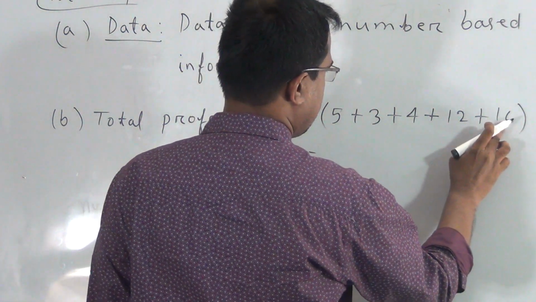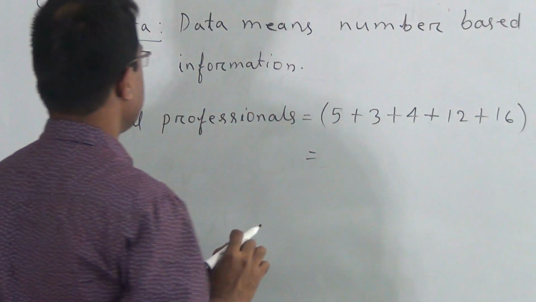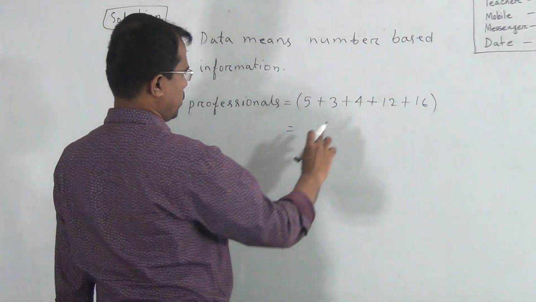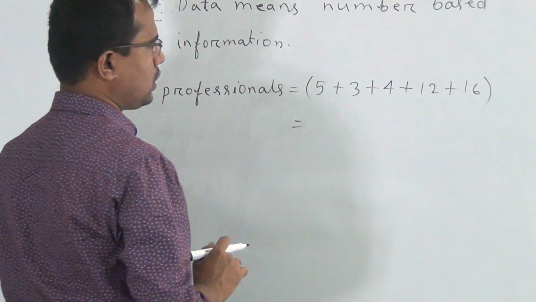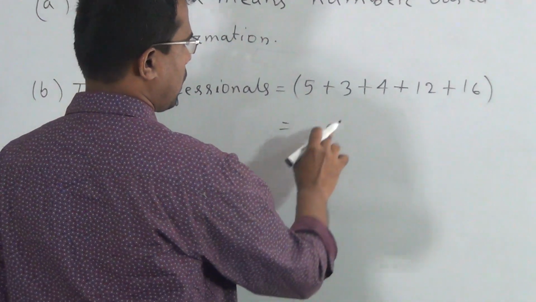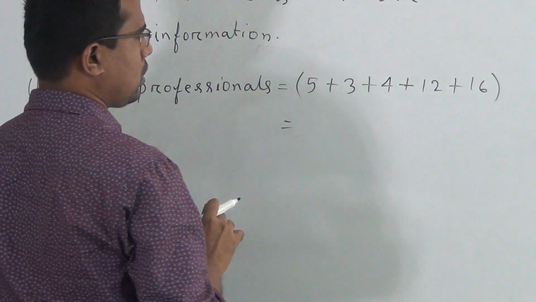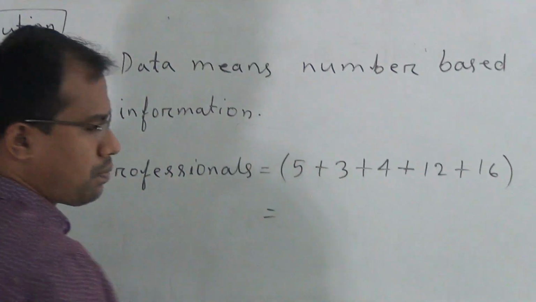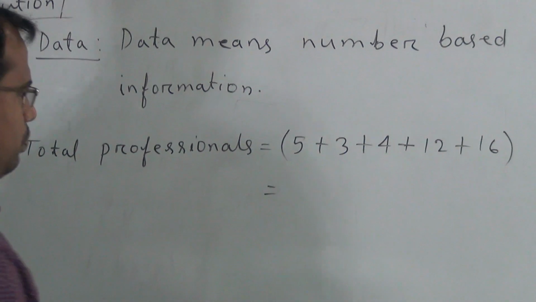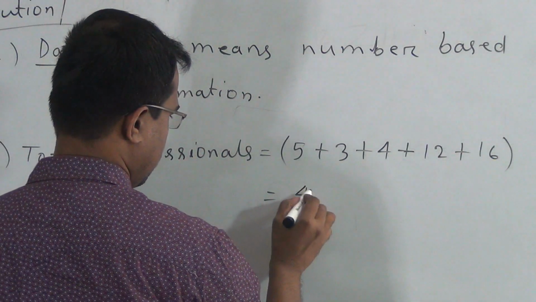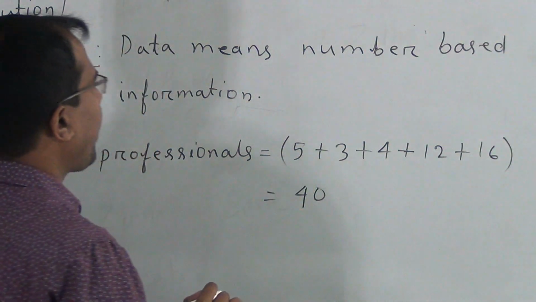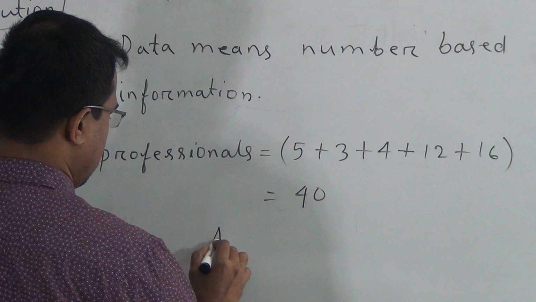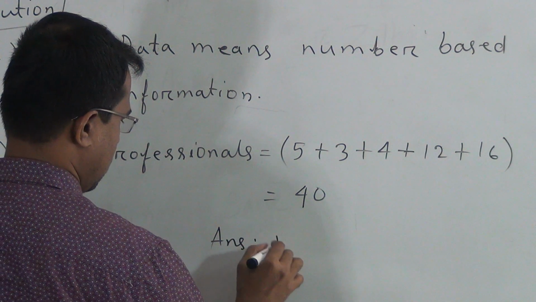Now 16 plus 12 is equal to 28. 28 plus 4 is equal to 32. 32 plus 3 is equal to 35, and 35 plus 5 is equal to 40. And the answer of B number question will be 40.